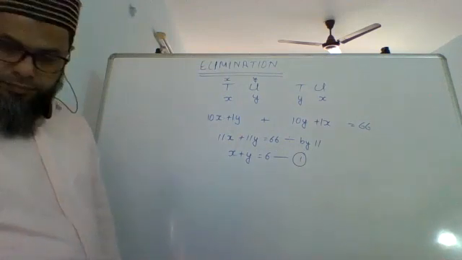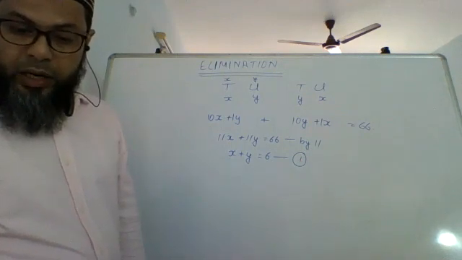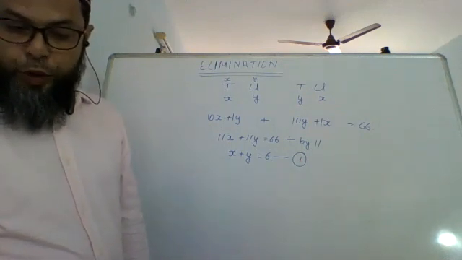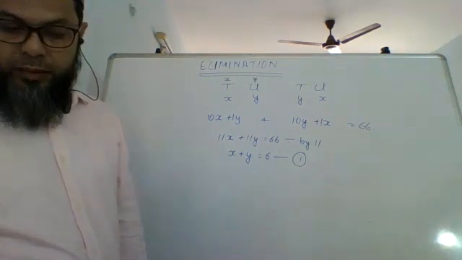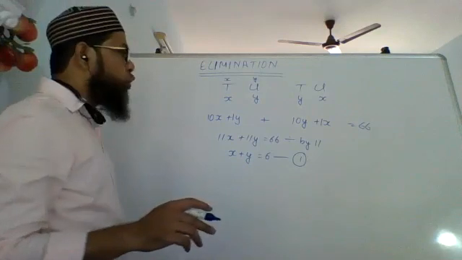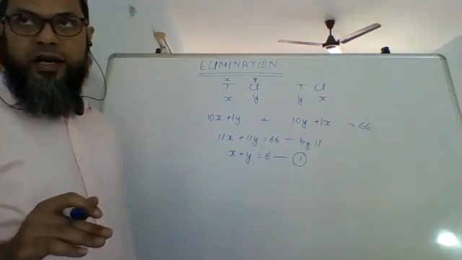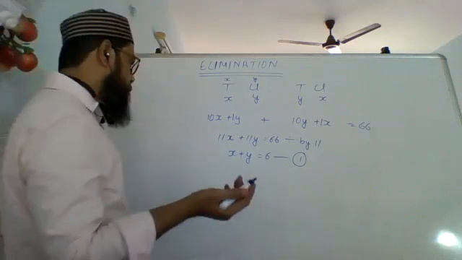Then what does it say further? If the digits of the number differ by 2. Here they have not told us which digit is greater, the tens place or the units place, so both are possible.